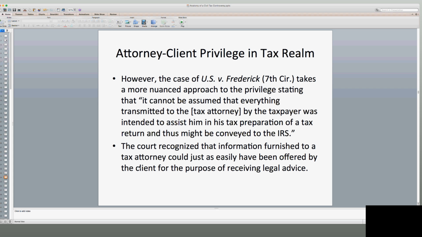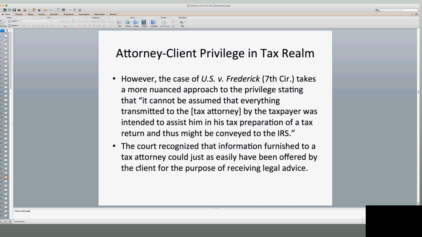"It cannot be assumed that everything transmitted to the attorney by the taxpayer was intended to assist him in the preparation of a tax return and thus might be conveyed to the IRS." So thankfully the court here realized that information furnished to a tax attorney could just as easily have been offered by the client for the purpose of receiving legal advice.